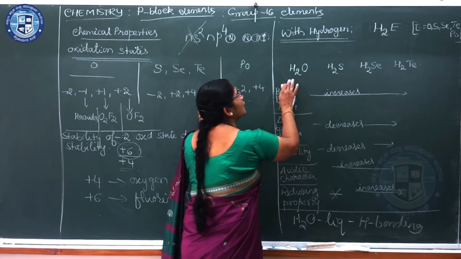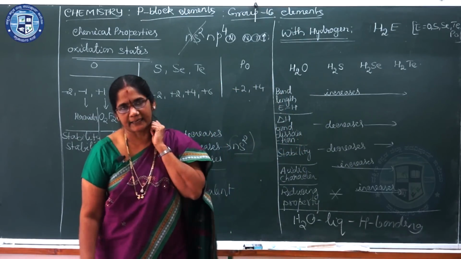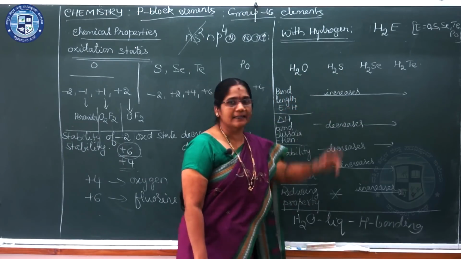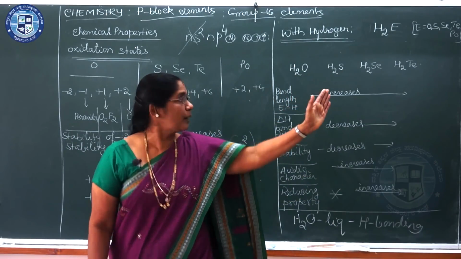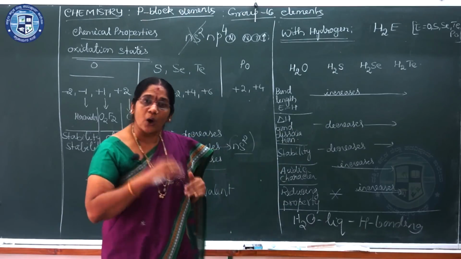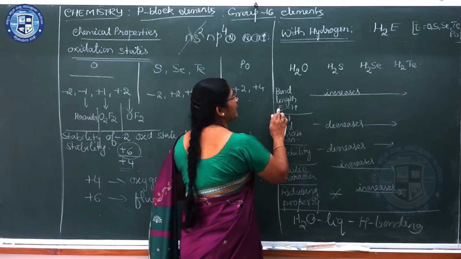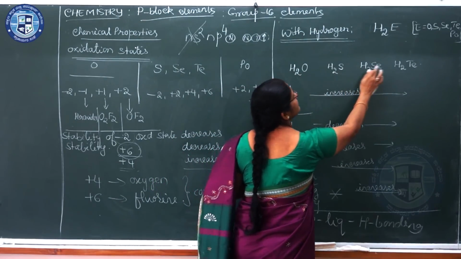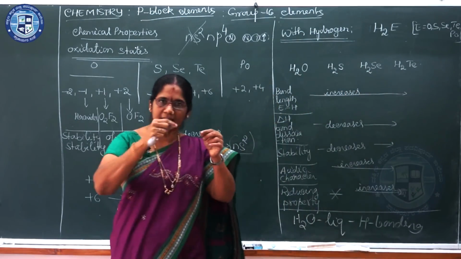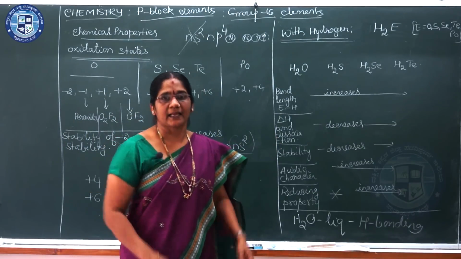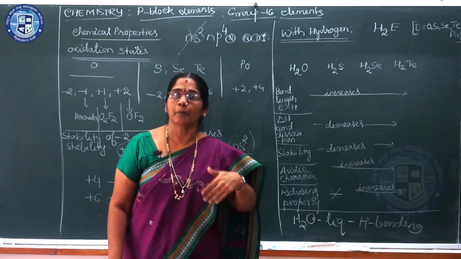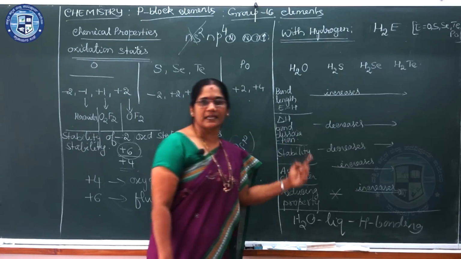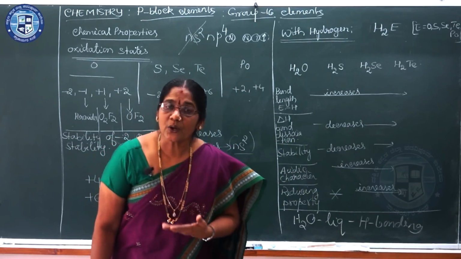Now coming to the properties of these hydrides. As the atoms become bigger from oxygen up to tellurium, the bond length of the E-H bond, the O-H bond or S-H bond up to Te-H, goes on increasing. As the bond length increases, the bond gets weakened, and therefore the bond dissociation enthalpy also decreases.